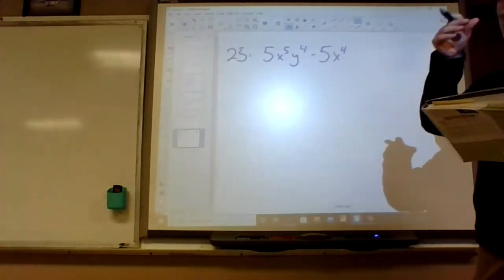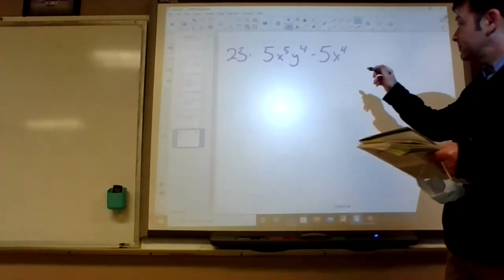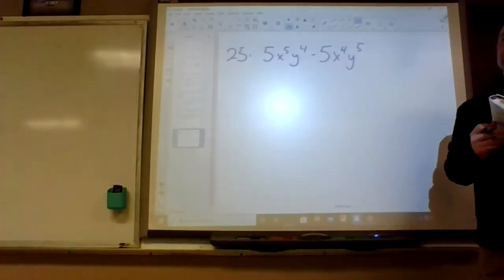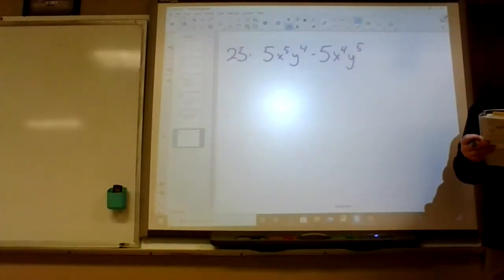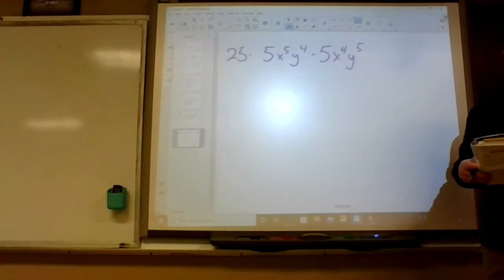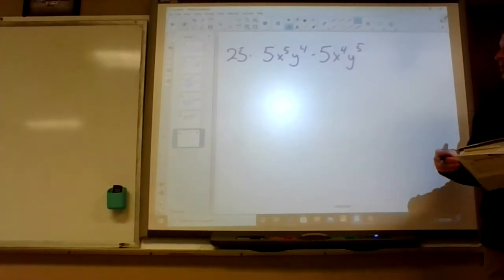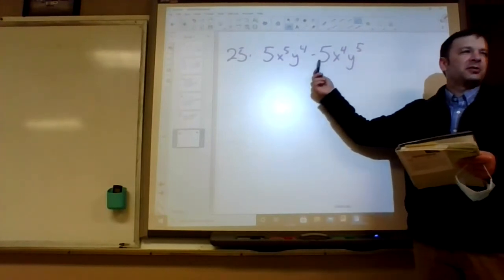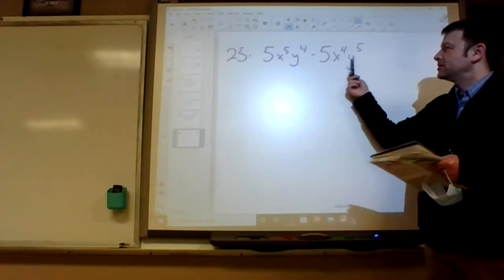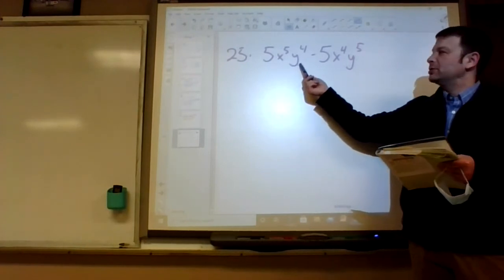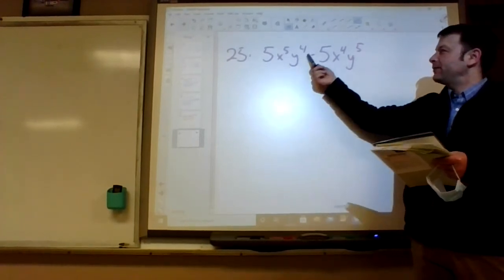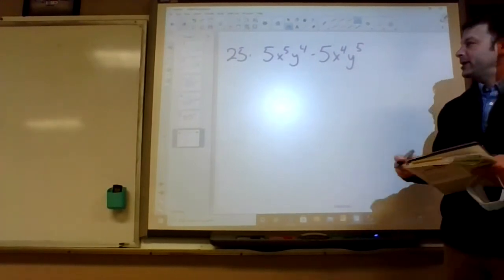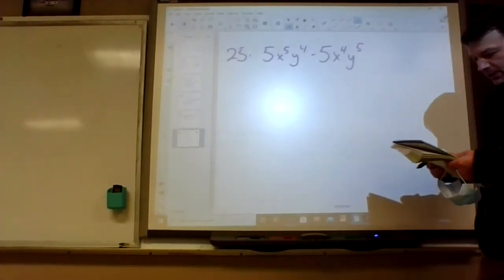And then how many y's do we have in the second term? 5. It says y^3 and y^2. Are these like terms? We're not really done yet, but are those like terms? No, the exponents are different: x^5 y^4 and x^4 y^5. So we can't do anything yet.